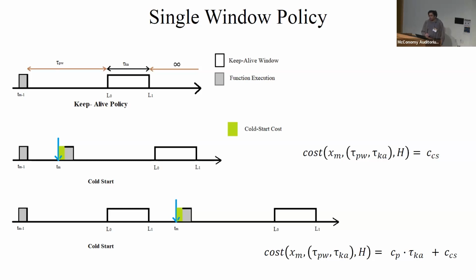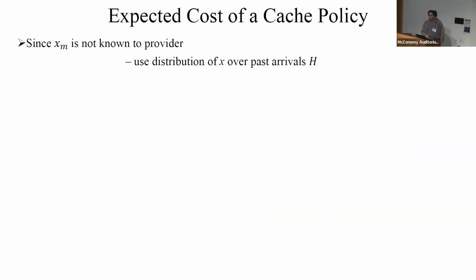However, the cloud provider does not have access to the exact invocation times of the function. What the provider has access to is the inter-arrival distributions of the function invocation over the previous arrivals.